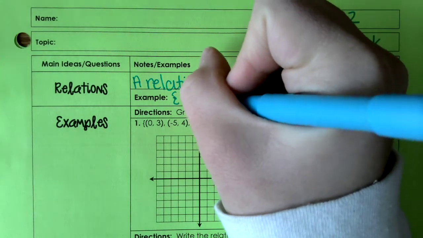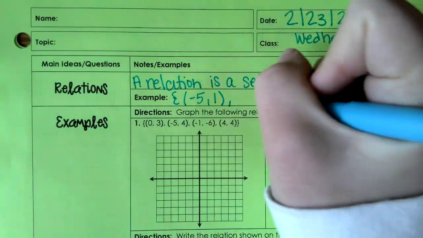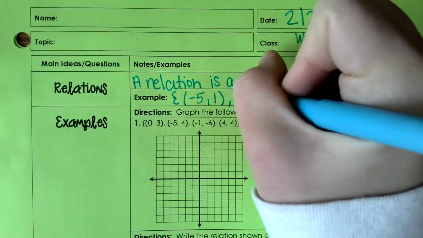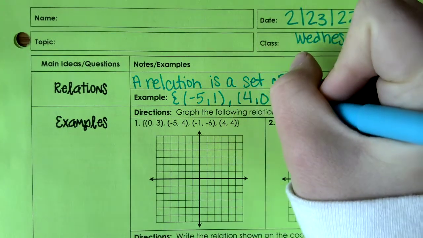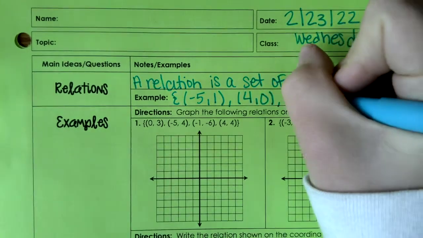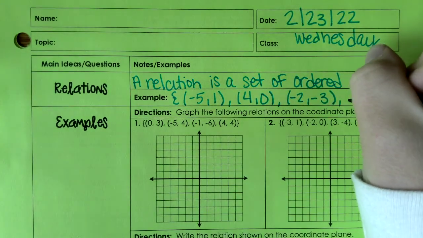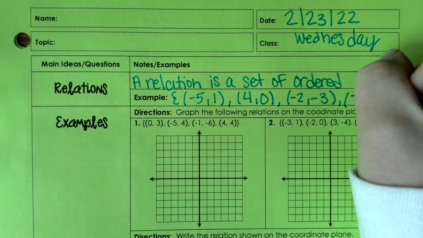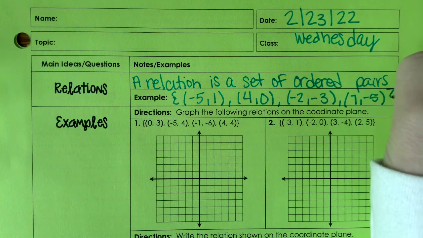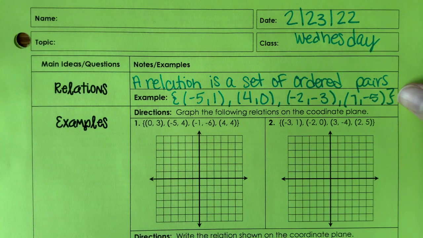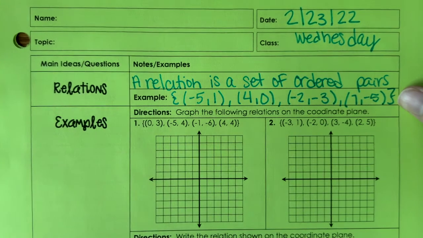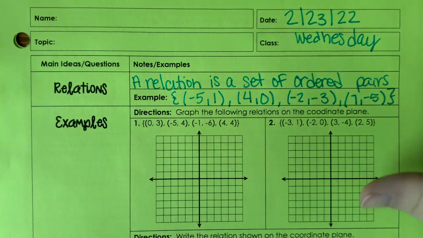So we could have (-1, 5) as one ordered pair, (4, 0) is another, (2, -2), (-3, 7), and (-5). This is a relation. It's a bunch of ordered pairs together. That's all a relation is.